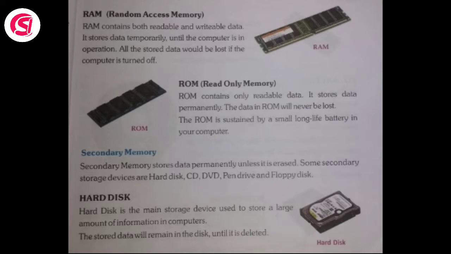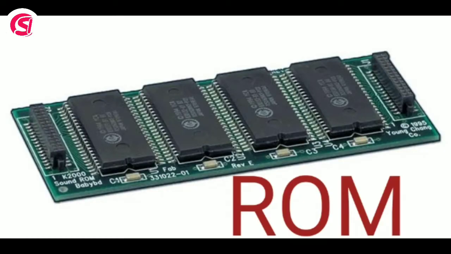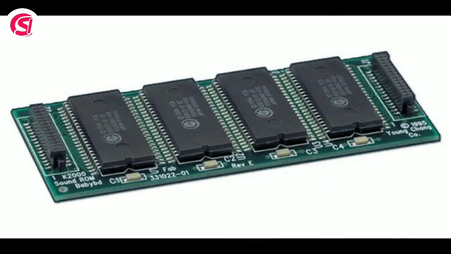The ROM is sustained by small long life battery in your computer. Information once saved cannot be changed. For example, can we change the process of shutting down the computer? No. Why? Because these instructions are saved in ROM.